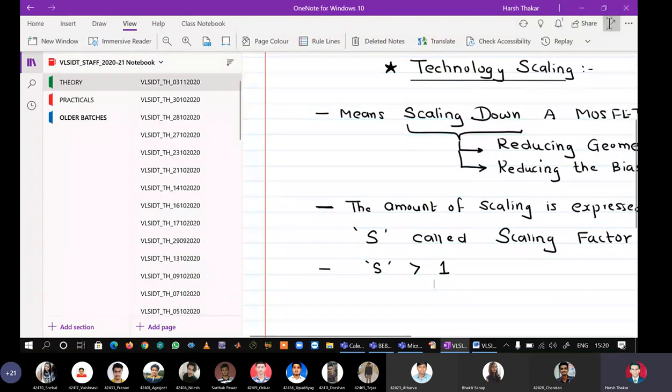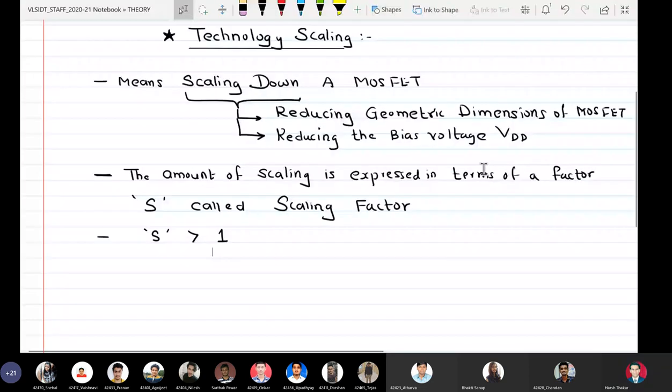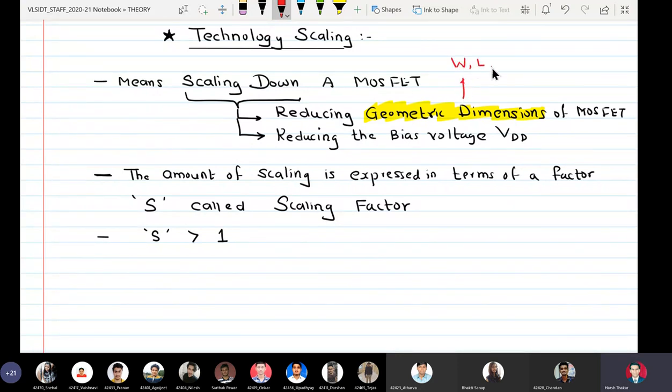So coming back, when I say geometric dimensions, I actually mean width W, channel length L, Tox, and Xj.